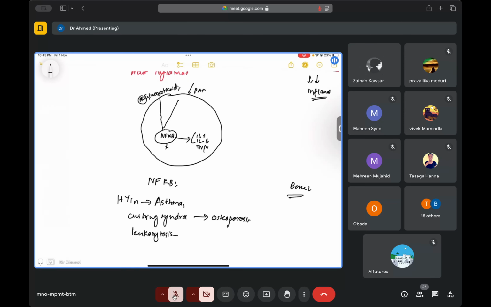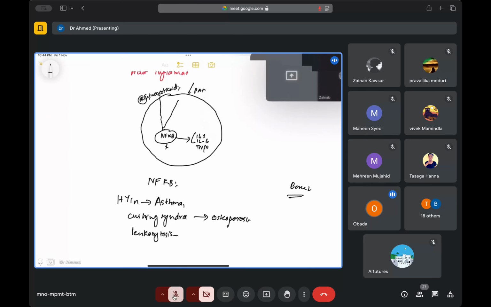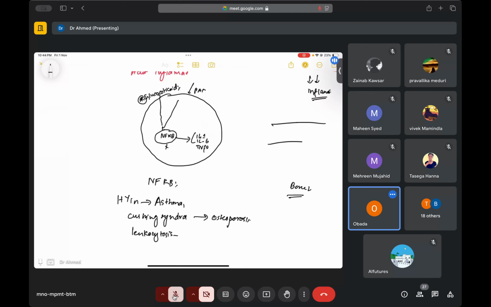If you remember the bats sitting in the cave, what happened? In your pulmonary vasculature, neutrophils are just sitting like bats in the cave.